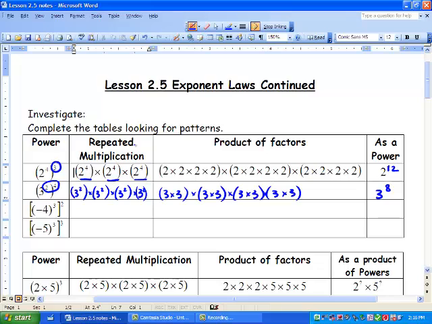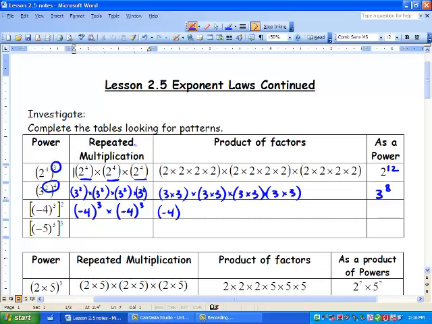Now again, if we've got a negative in there, we've got negative 4 in brackets to the exponent of 3 all squared. What does that actually mean? We've got negative 4 to the exponent of 3 times negative 4 to the exponent of 3. And if we multiplied that out into a product of factors, it would look something like this.